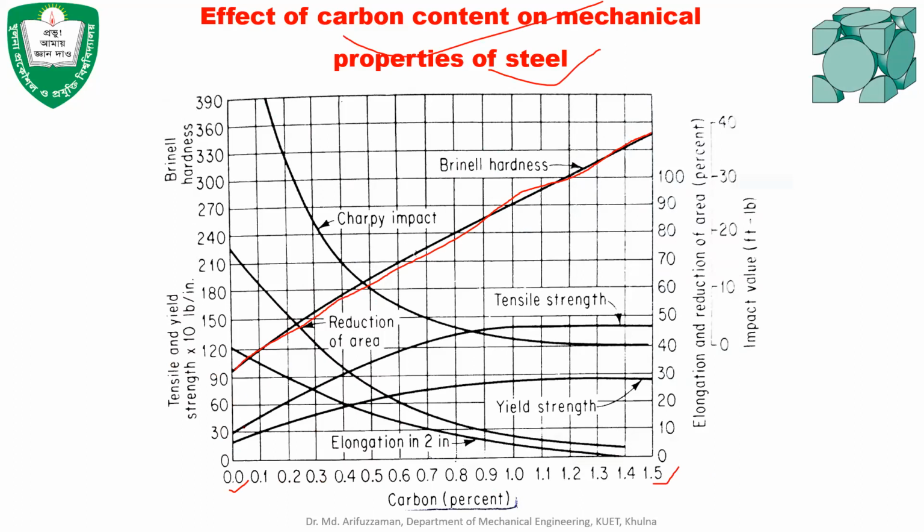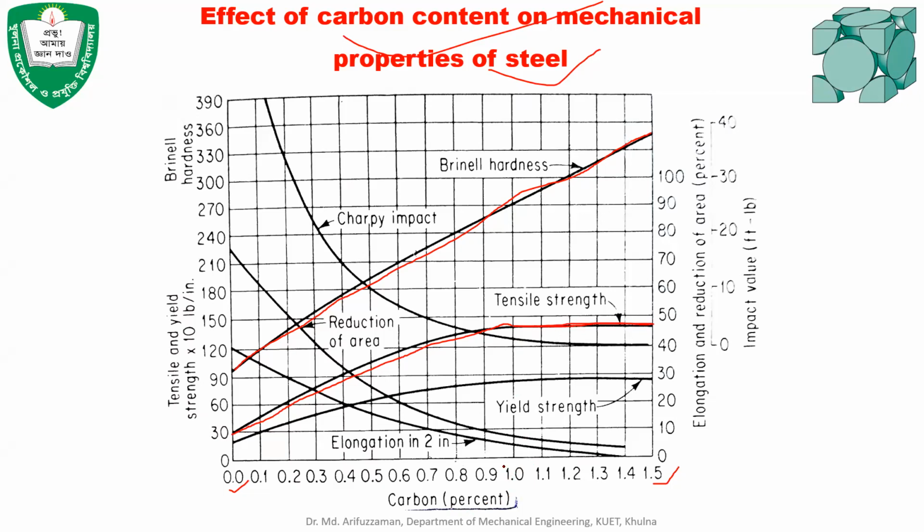The tensile strength also increases, but at some point it does not increase anymore. When the carbon content is more than 1%, the tensile strength becomes saturated.